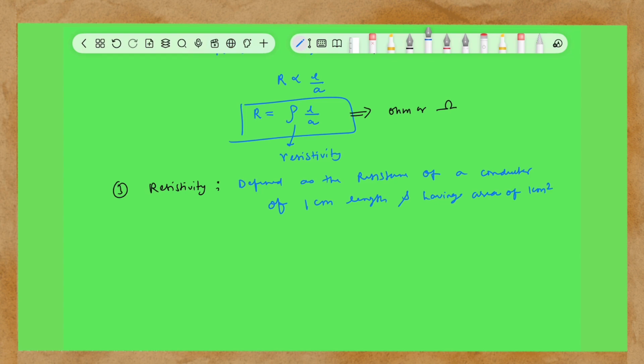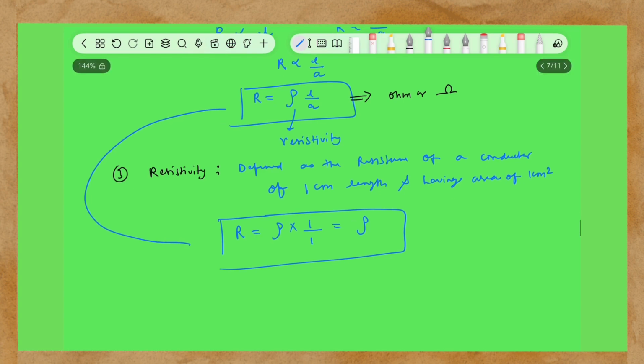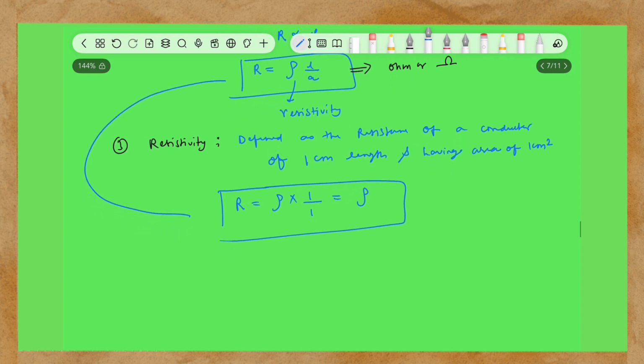So this is related to our formula. If I have length of 1 unit and area of 1 unit, then it will become rho. So resistance becomes equal to rho. I have written this also in the definition, that resistance is equal to rho when we have a conductor of 1 centimeter length and area of 1 centimeter square.